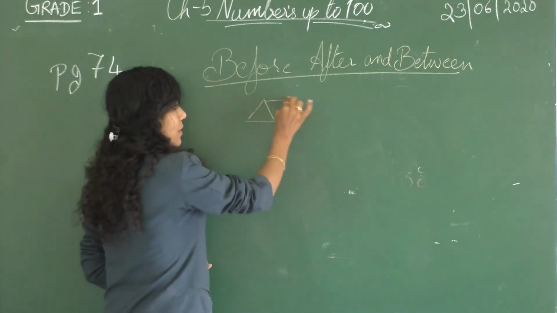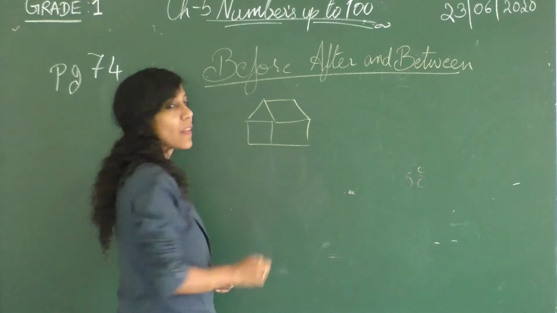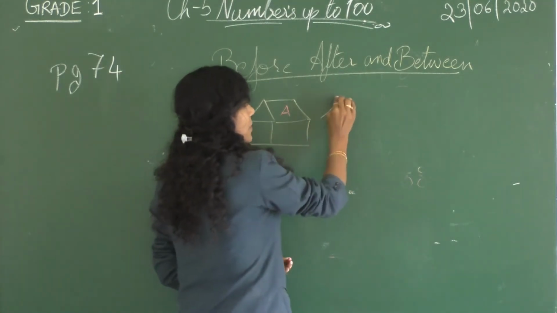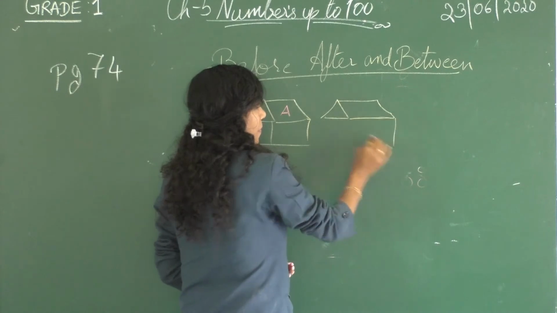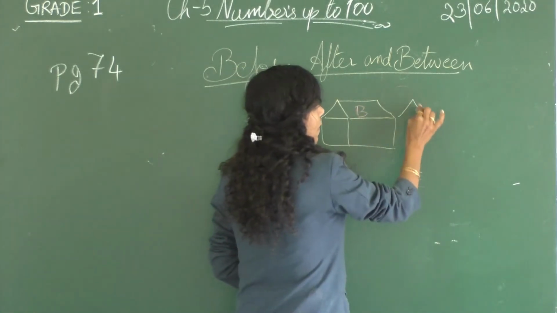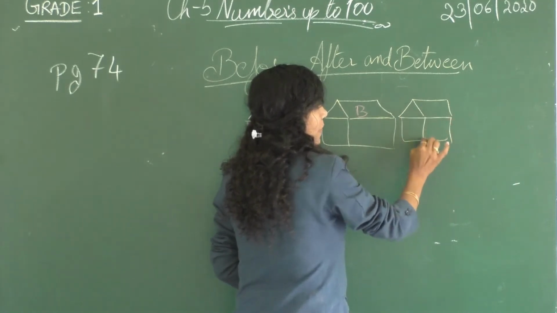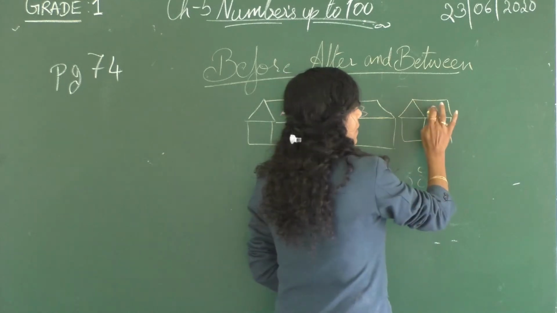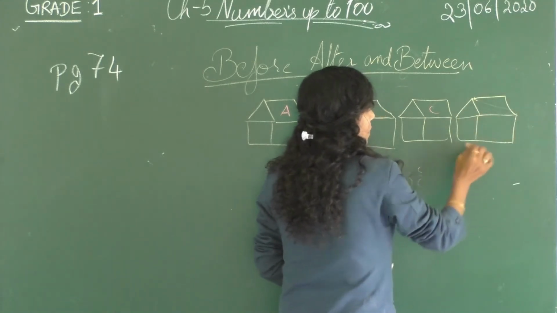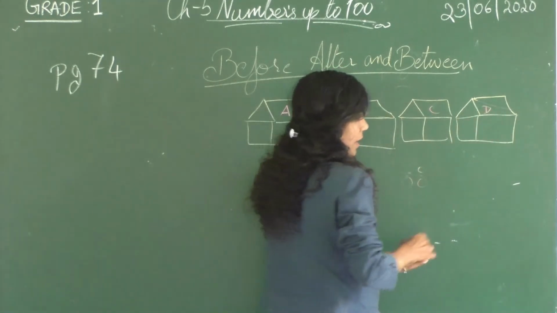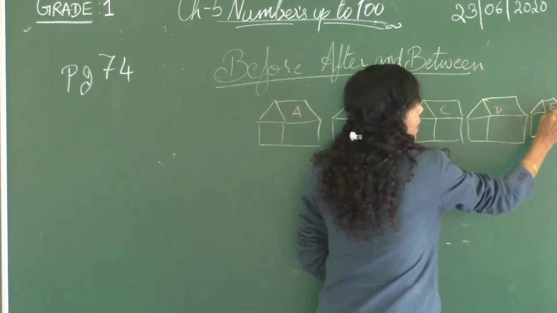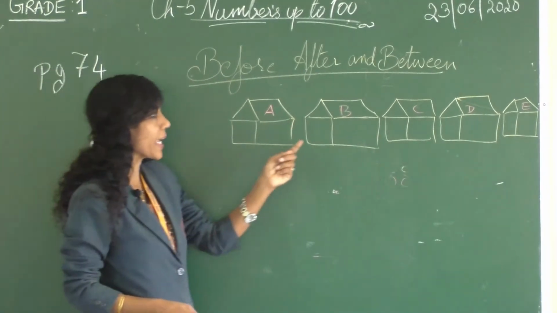Now there is a house, let us name it A. Second house, this will be B. C. D. And the last one, E. So we have 5 houses, A, B, C, D and E.